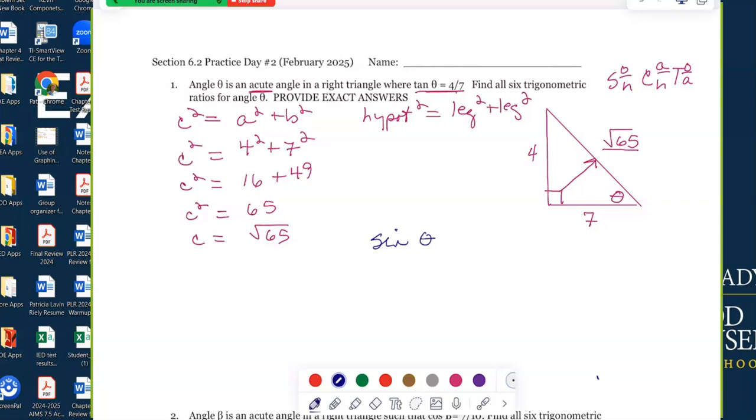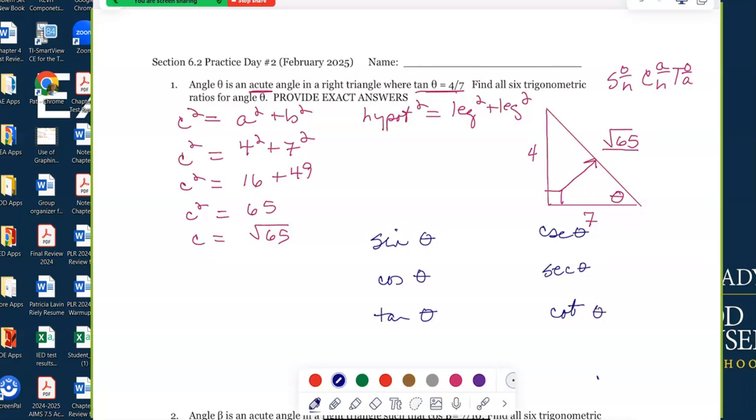Okay, so sine theta, cosine theta, tan theta. Across from sine theta, I'm going to put cosecant theta because that's its reciprocal partner. Cosine across from cosine is going to be secant theta. Across from tan is going to be cotan theta.